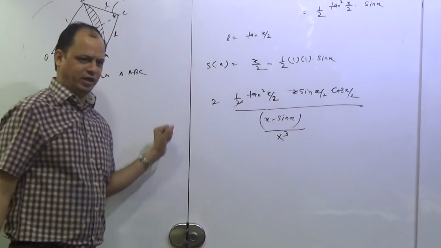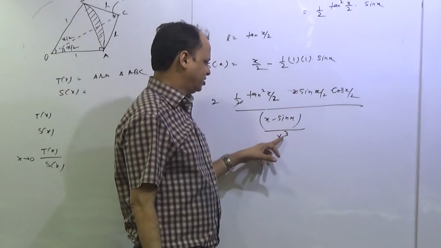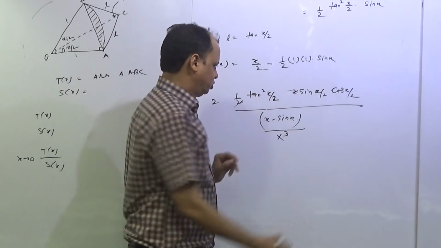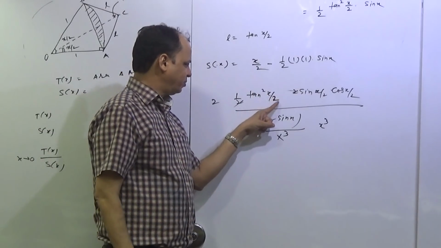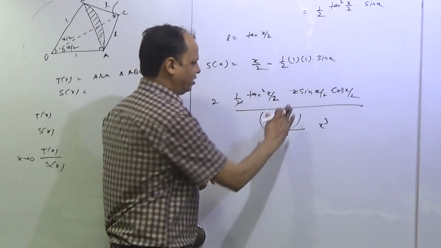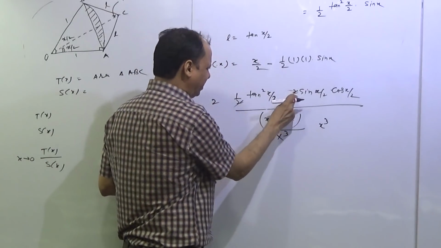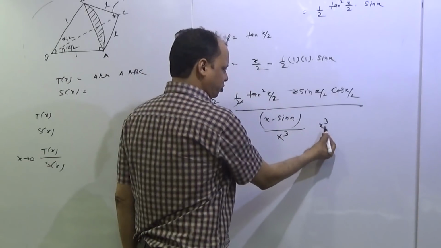Can you tell me why? Standard result 1 by 6: x minus sin x by x cube we have done. That's 1 by 6. So x cube I will multiply here. And I need x square by 4 for this tan square x by 2. Okay, so x cube is needed here.